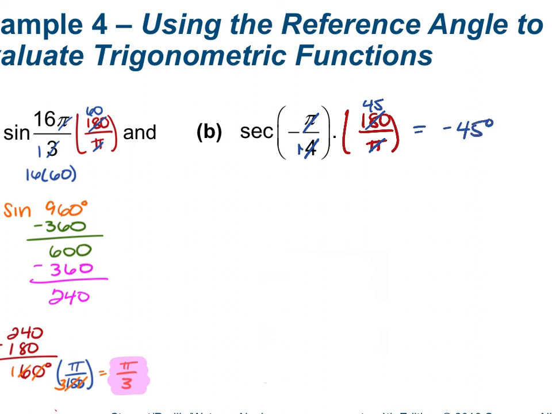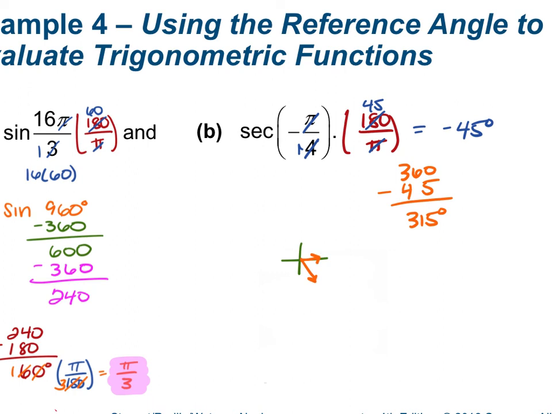If we find the reference angle for this, we want a positive acute angle. If we took 360 and we subtracted the 45 from it, we get 315 degrees. If we drew that on our XY plane, that 315 degrees is here.